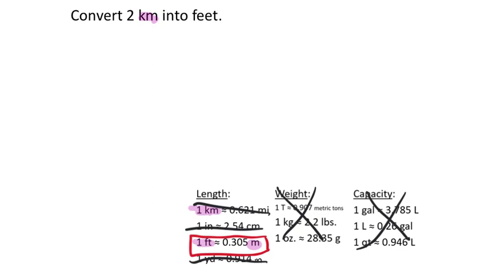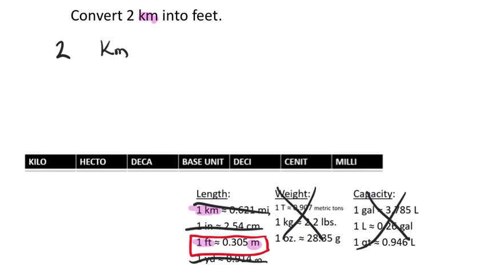Here's how. Let's take this 2 kilometers, okay? So kilometers to meters, right? So this means that the decimal is going to move, right? Let's show this work. We're going to start with kilometers because that's what we have right here. We're going to end with meters, which is part of our conversion factor, which is just the base unit.